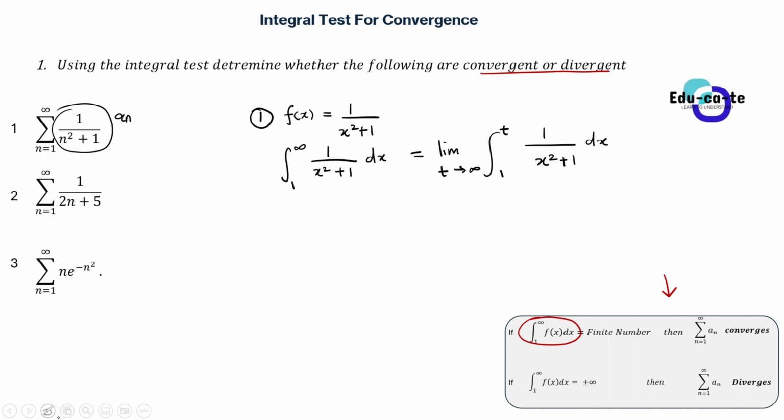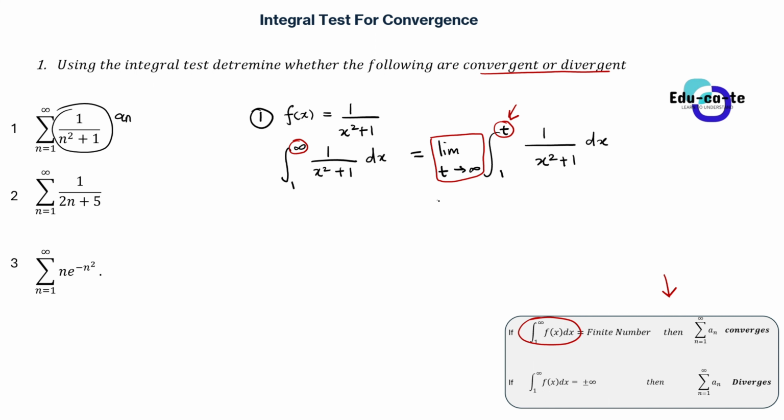So you must know how to expand an integral whose upper bound is infinity. You write the limit of a variable as that variable approaches infinity, and on top you write that variable. In this case, the limit as t approaches infinity, and on top you write t. That's how you deal with an integral that is approaching infinity.